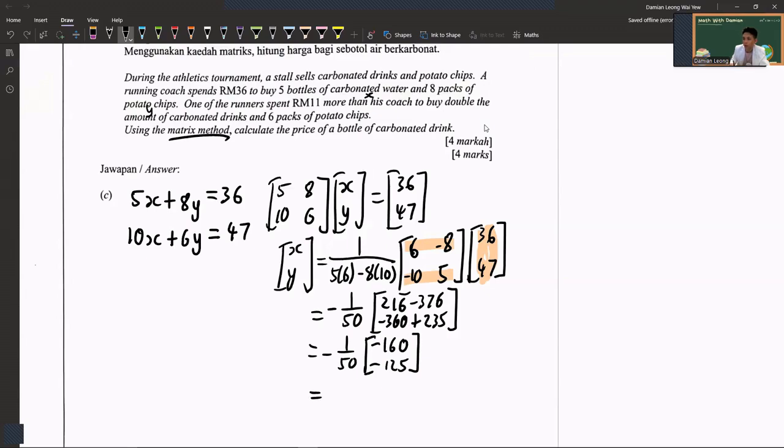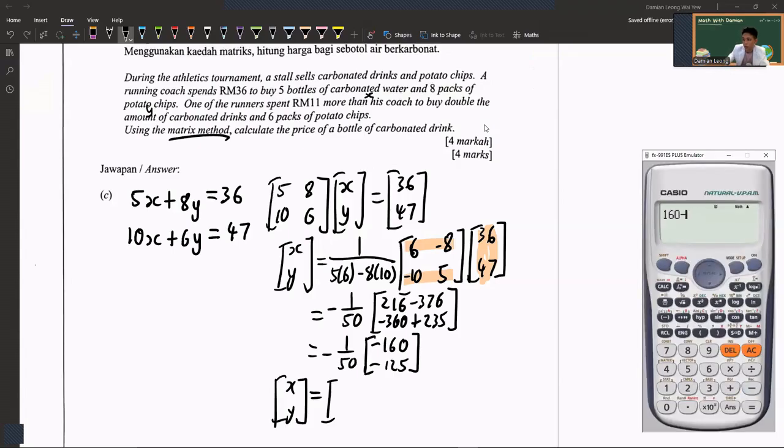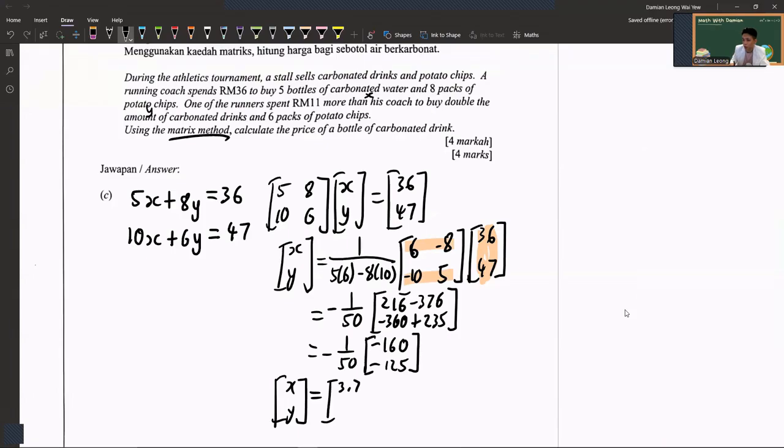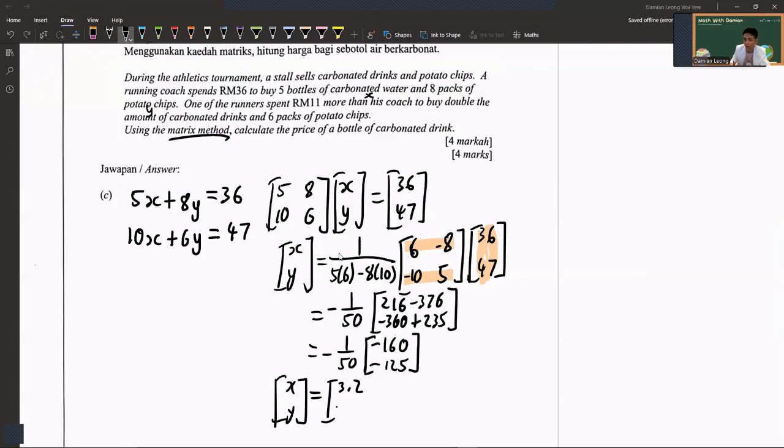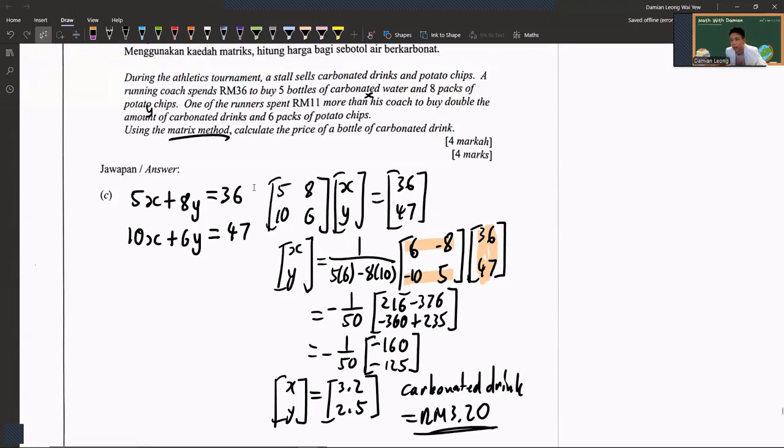Okay, times the negative 1 over 50. 160 divided by 50, 3.2. 125 divided by 50, 2.5. Yeah, that is. Then that means X, which is the price of a carbonated drink, will be 3 ringgit and 20 cents. Yeah, that's for part C.